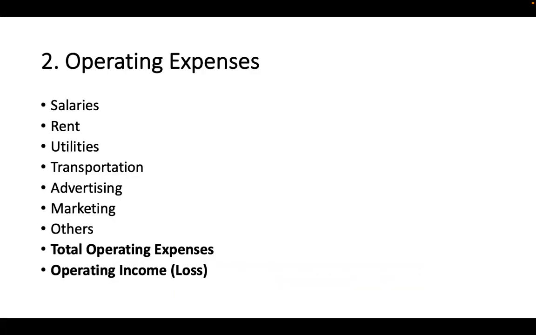Continuing further, the second primary category of an income statement is the operating expenses. Operating expenses are the day-to-day expenses we need to run a business. To run a business on a day-to-day basis we require salaries to be paid, rent if our land is on rent, utilities, and transportation.